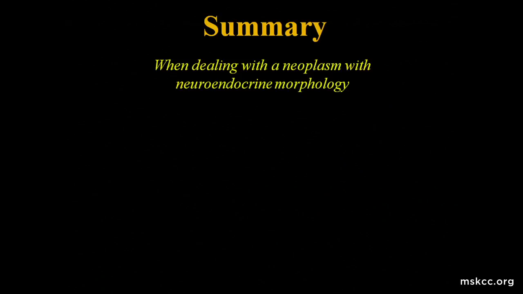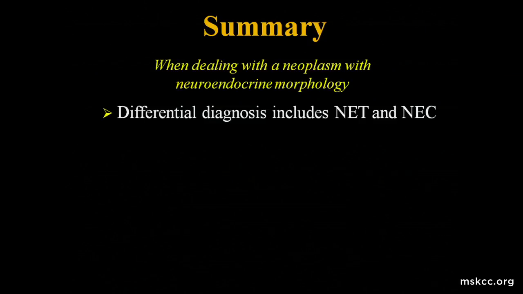What we have learned from this case is, number one, when dealing with a neoplasm with neuroendocrine morphology, one has to consider the following. First of all, a differential diagnosis should include a well-differentiated neuroendocrine tumor and a poorly differentiated neuroendocrine carcinoma. The distinction can be tricky and difficult, and one should not use Ki-67 alone as a sole marker to separate the two.